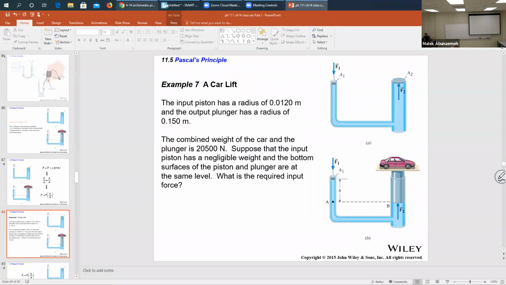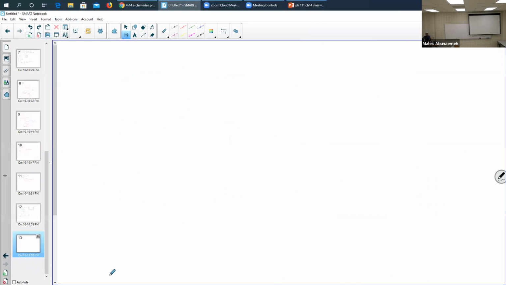So let me write this down. This is example 7. So your A1 is going to equal... not A1, I'm sorry, your R1, that's your first radius, which is 0.15 meters. And your R2 is 0.012 meters.